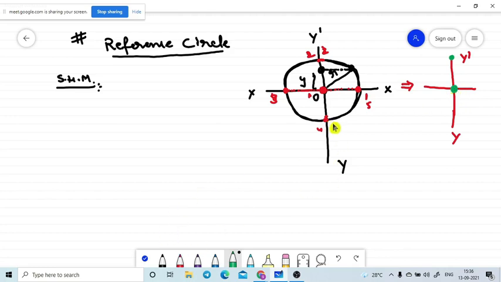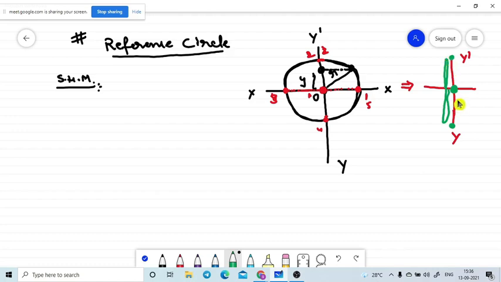At point 4, the projection of the particle is somewhere here. At point 5, again the particle is coming here. See, from the center it is going up, again it is coming down, again it is going down, and again it is coming to the center.